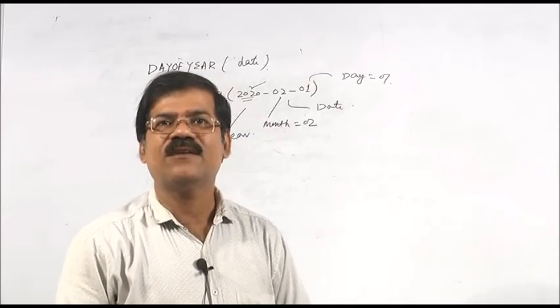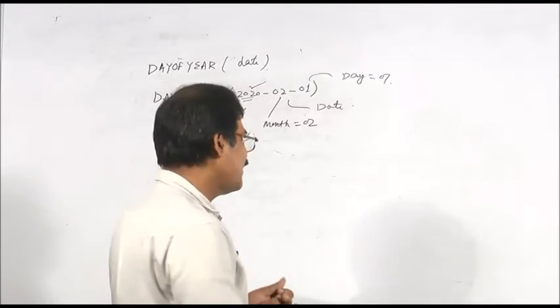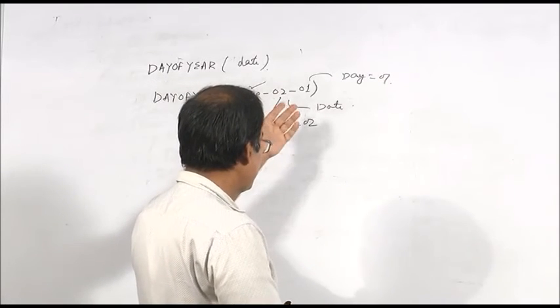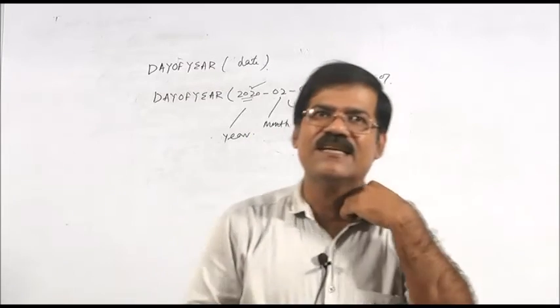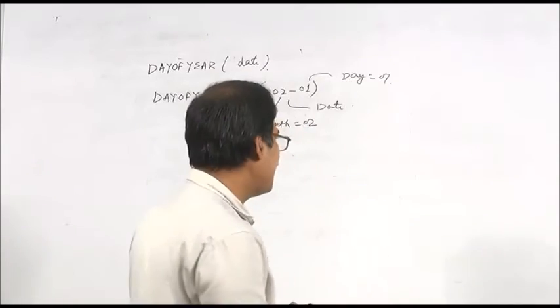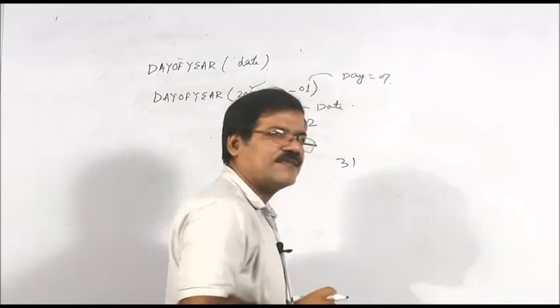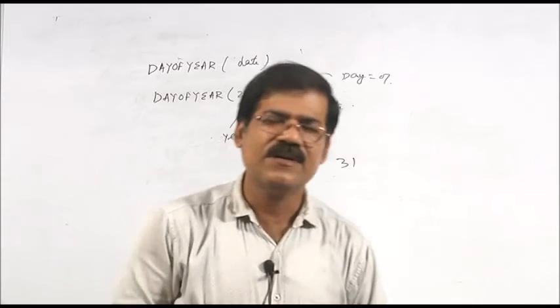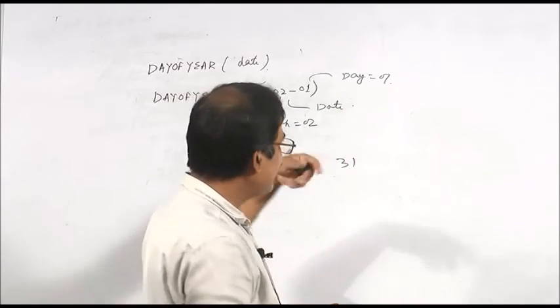That means it will calculate from January. How many days does January have? January is already completed. January is 31 days, so 31 is already over.